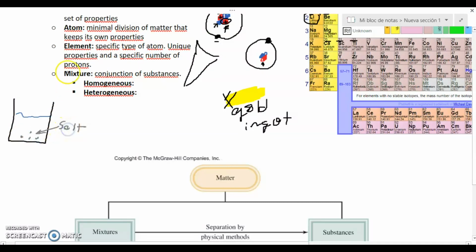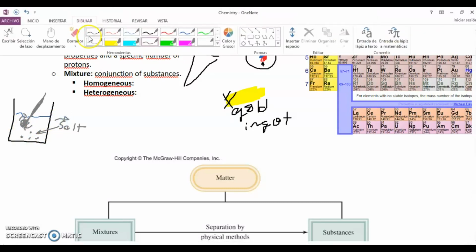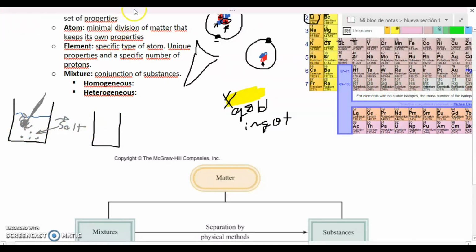So if I go ahead and stir that salt, that's a spoon, let's say, in the water, it's going to dissolve and it's going to turn into a homogeneous mixture. So a homogeneous mixture is a mixture that is uniform thoroughly. What does that mean?